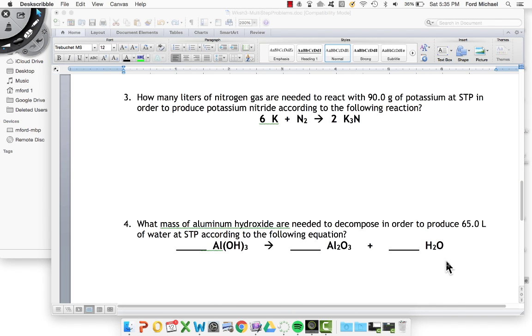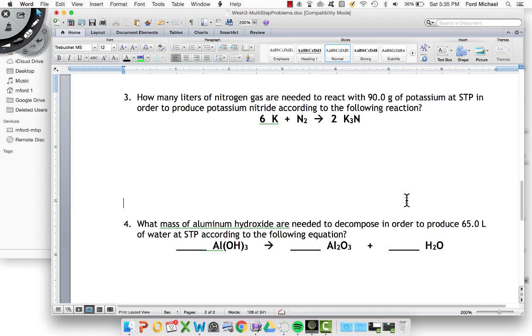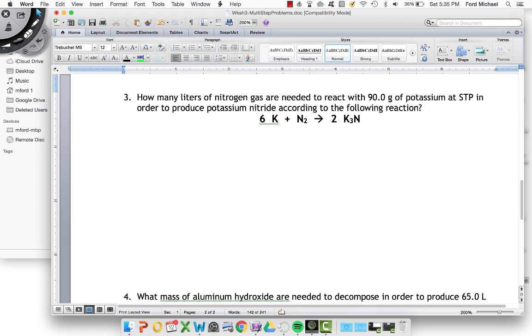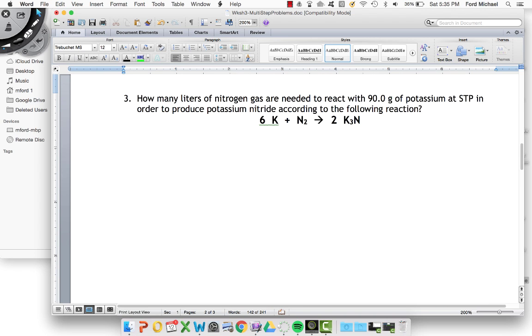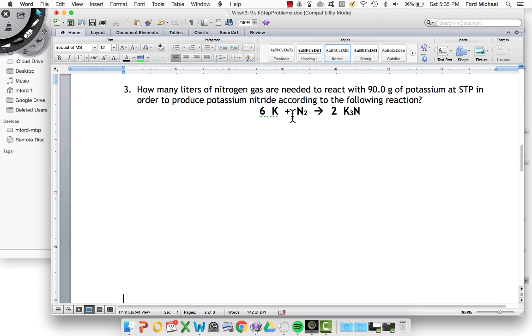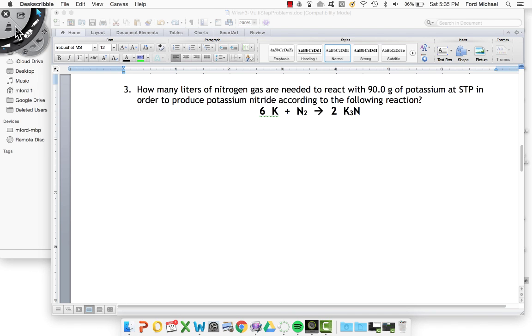All right, here's another similar problem. Ideally, you would take a moment and try this problem on your own.